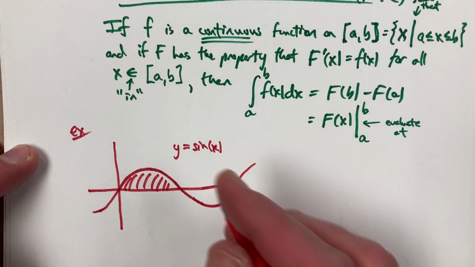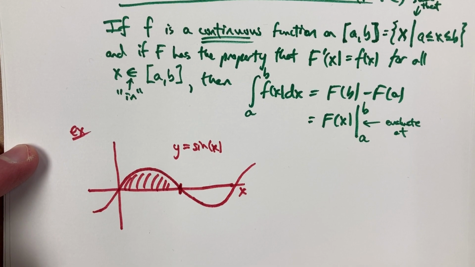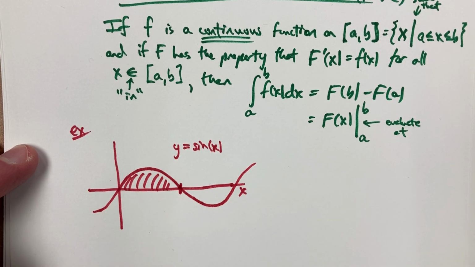Actually turns out to be simpler. You can use an integral in the fundamental theorem of calculus to figure it out. You have to figure out what that number is. What is that number? That should be memorized. That x-intercept right there. What angle? So sine of 0 is 0.